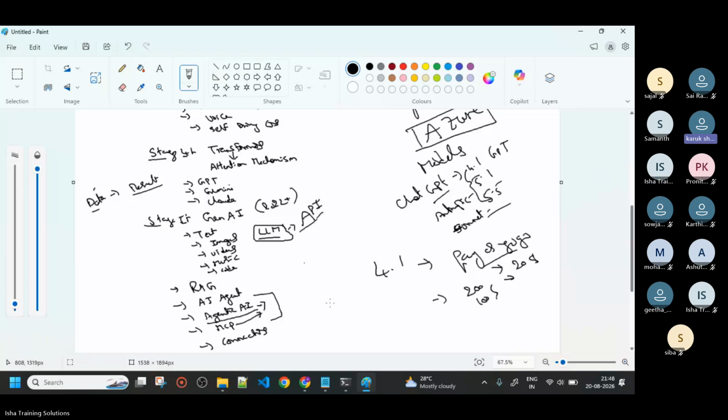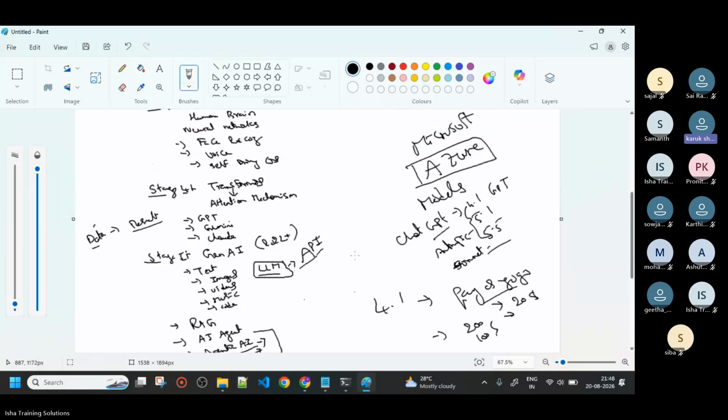Thanks. My question is, these models are already everywhere, right? Most organizations are using ChatGPT, Anthropic Sonnet, some are using Haiku. Suppose we take a business case where we have to create a test generator tool.